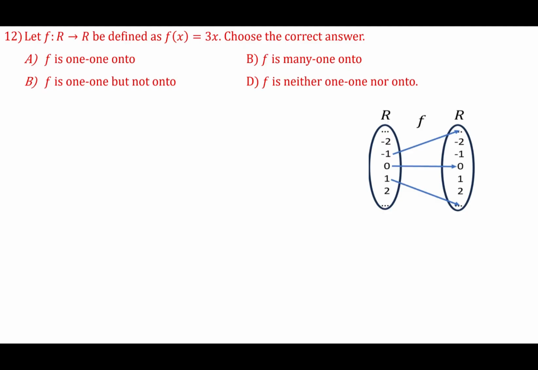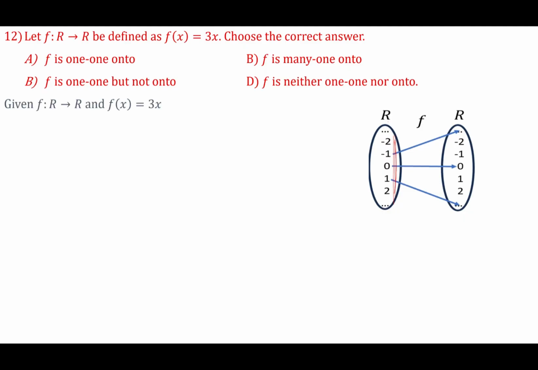If I have any real number and I plug it in here, I am getting an image. If I plug in -1, I'm getting -3. If I plug in 0, I get 0. If I plug in 1, I get 3. If I plug in 2, I'm getting 6. So each element of the domain has a unique and different image in its codomain. So the given function is 1, 1.